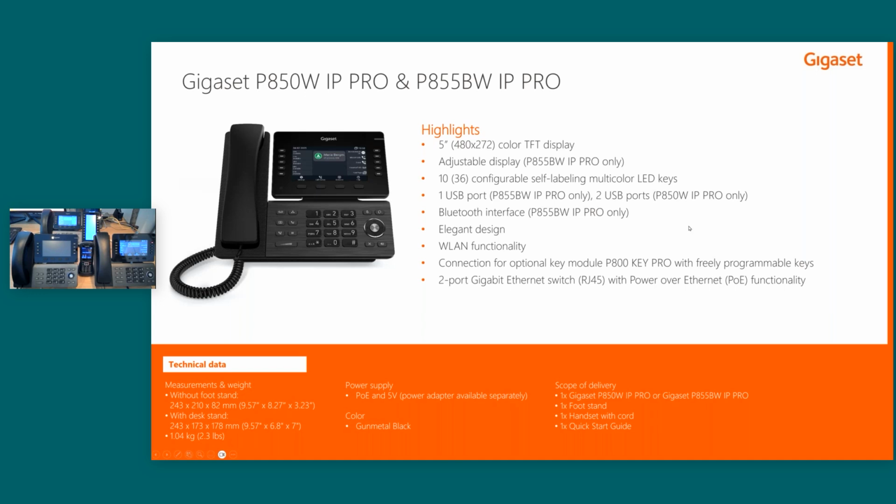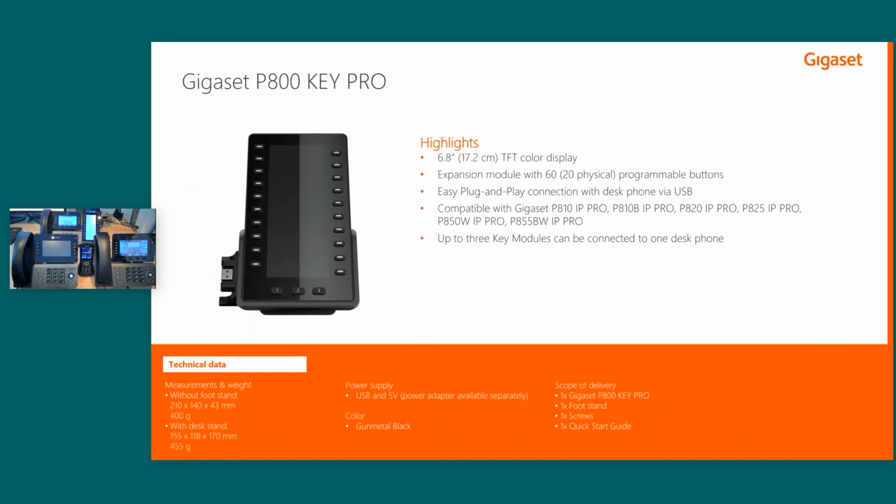As I already mentioned, the optional key module P800 Key Pro, you can connect 3 of them in a row, one behind the other. From the second up, you need an extra power supply.